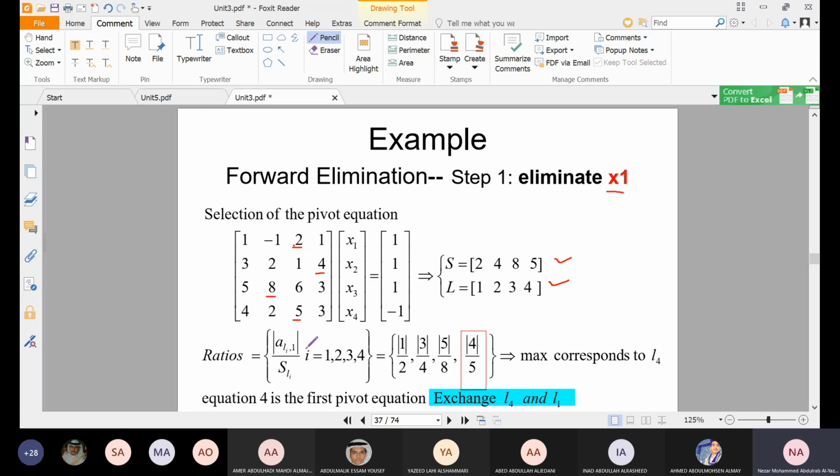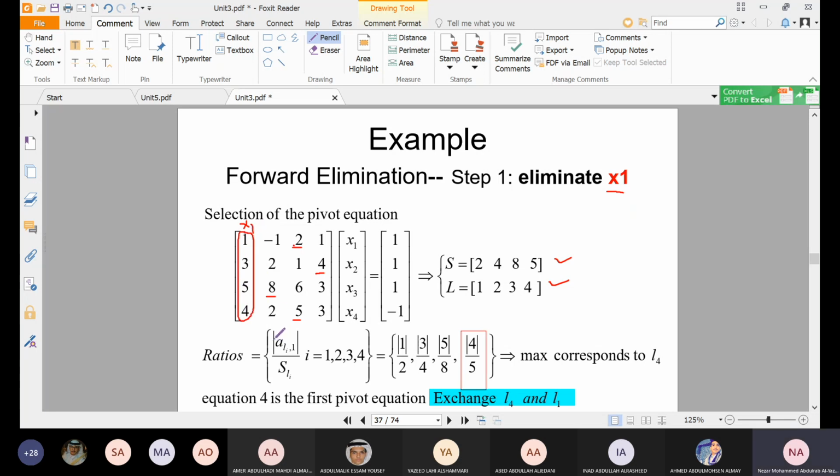After that, we need to compute the ratio. Because now I am doing elimination for x1, the first column only represents x1. So I will consider the coefficients for x1, the first column.